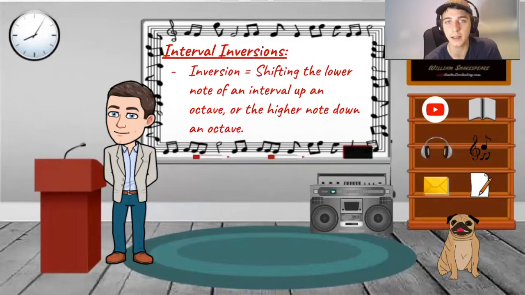What we would get is either a major sixth and a minor third, or a minor sixth and a major third. Basically, when we invert an interval, what we're doing is shifting the lower note up an octave or the upper note down an octave. We're just flipping it on its head, basically.